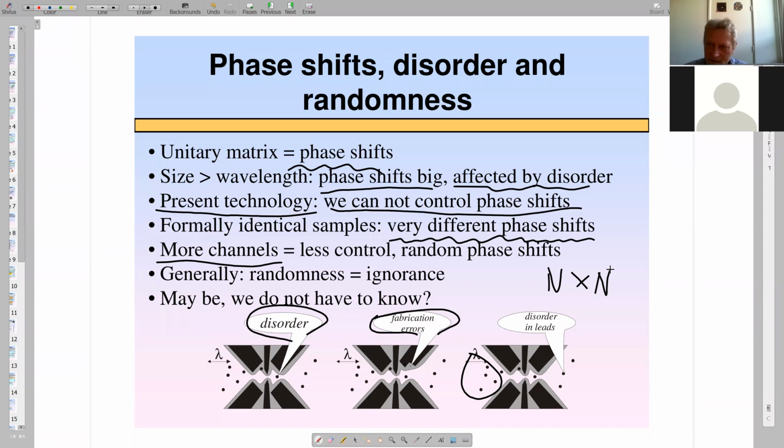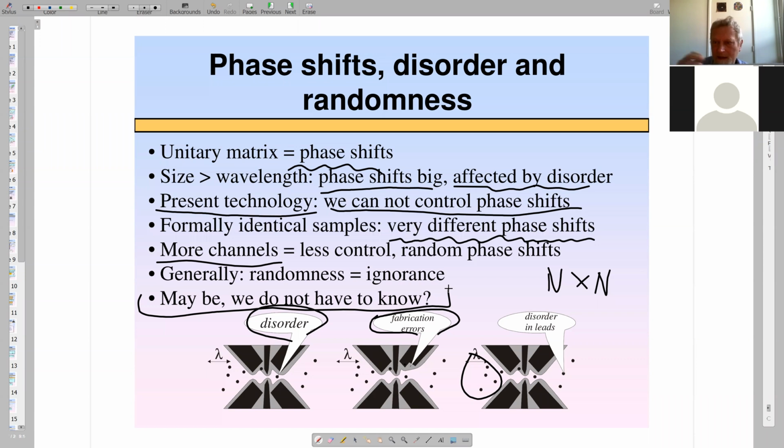We don't know the cause of something, and we presume that it has happened randomly. Sure, we don't know these phase shifts, but perhaps we do not have to know.